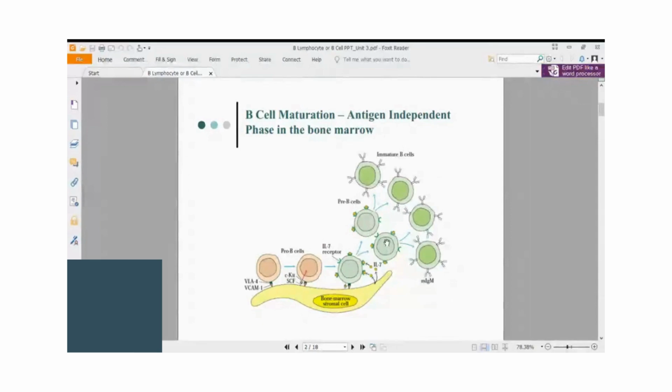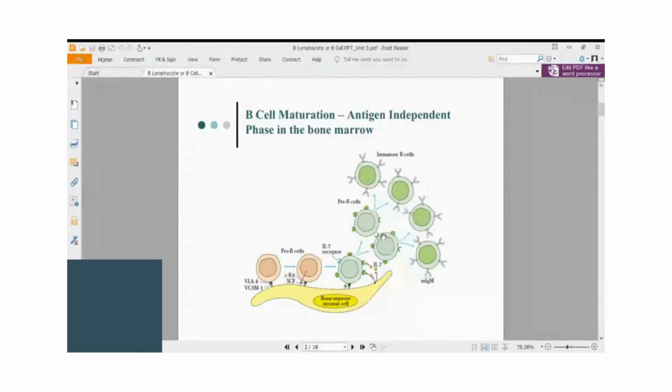So it has to start getting ready to respond and produce antibodies. For that, first it has to establish a receptor on its surface, a receptor to recognize a foreign antigen, to in fact interact with the foreign antigen.